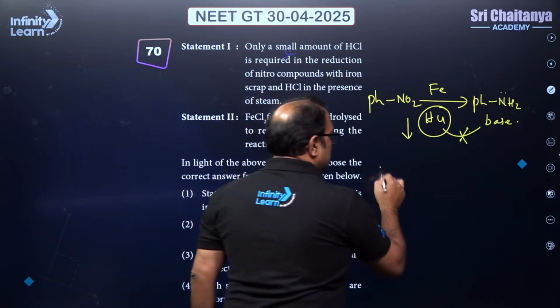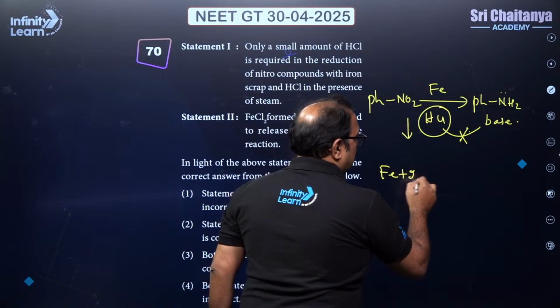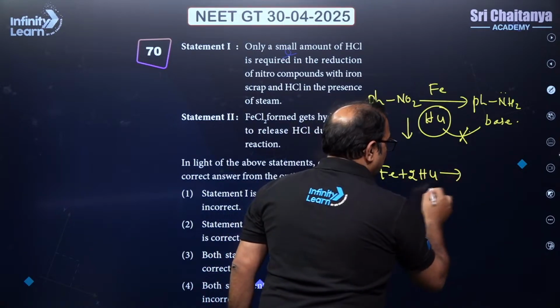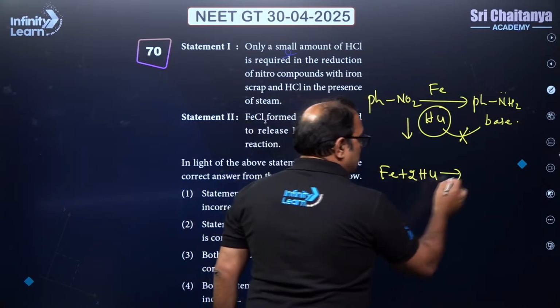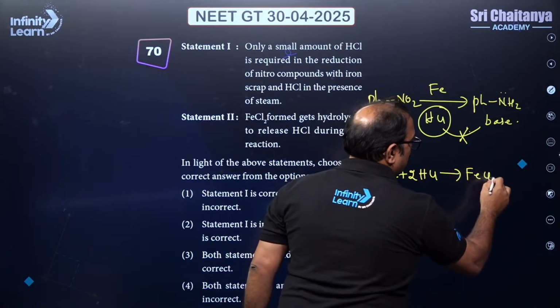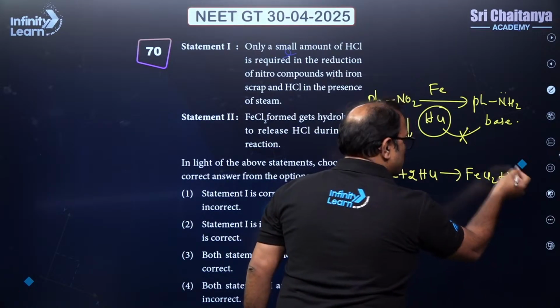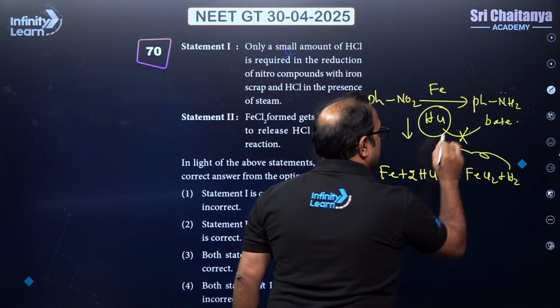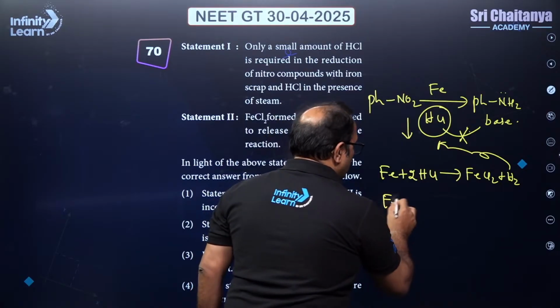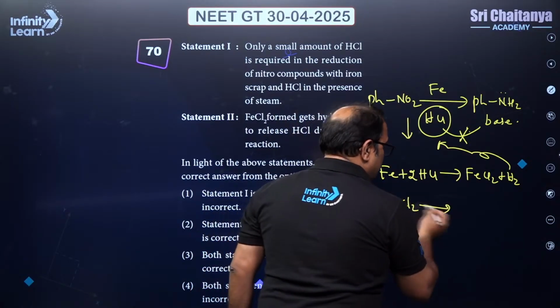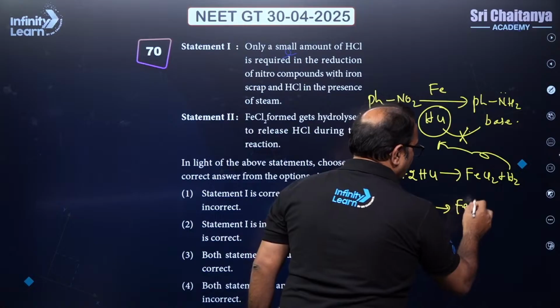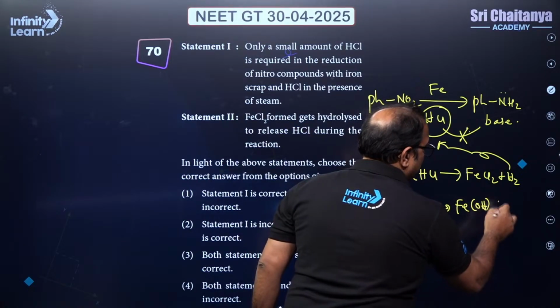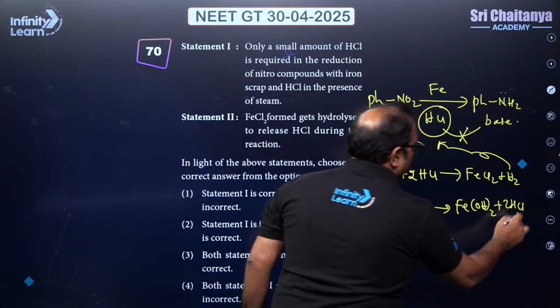Second, there is one more understanding from this. If I take a smaller amount of HCl, initially we get FeCl2 and H2. This H2 is used for the reduction in this reaction, but the FeCl2 is also subjected to hydrolysis. This results in the formation of HCl, so it is again acting as a source.